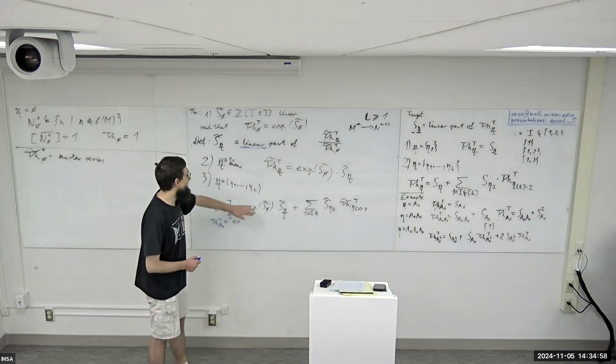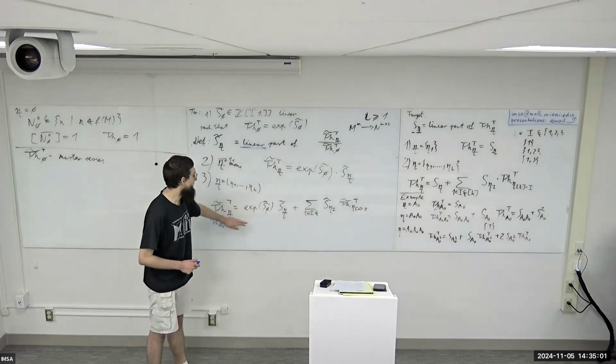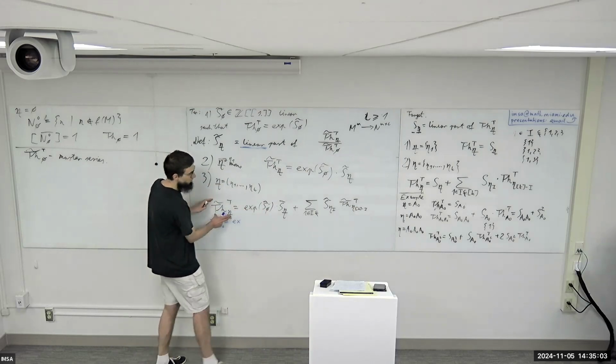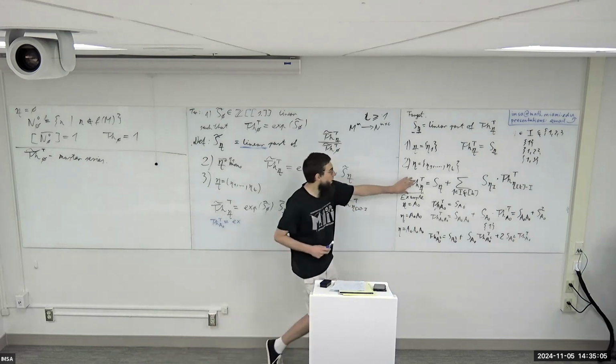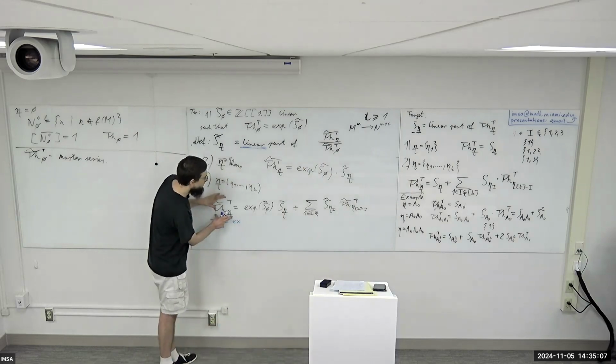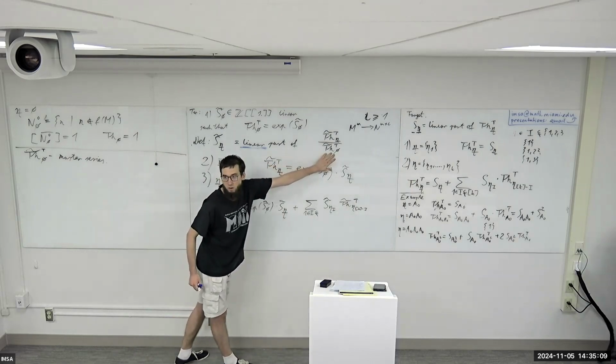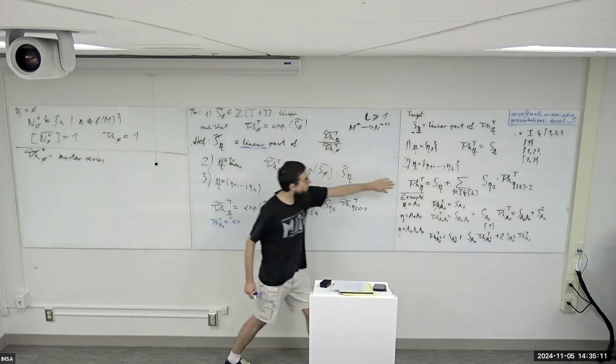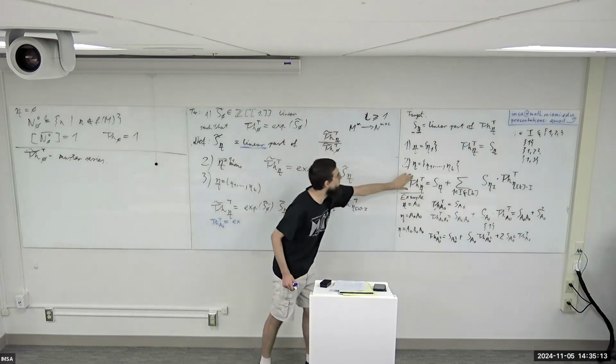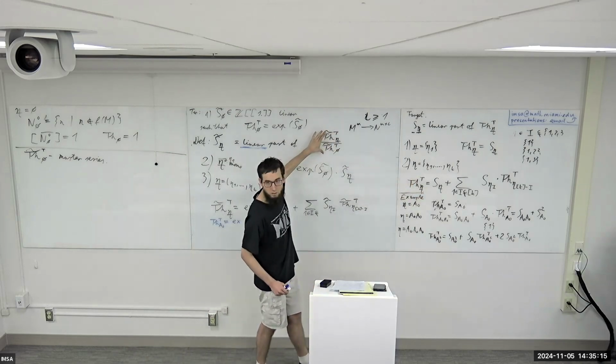Okay, so here if you divide everything by exp of the series, then you have exactly this formula but for the Thom series divided by the Thom series for f. So this holds if you substitute instead of this.